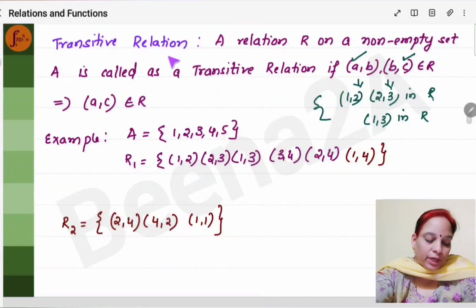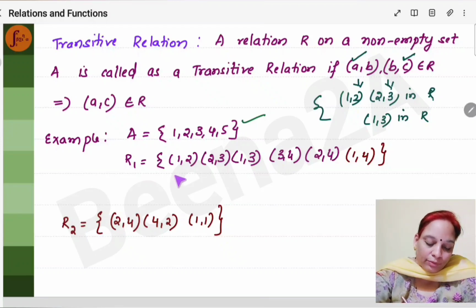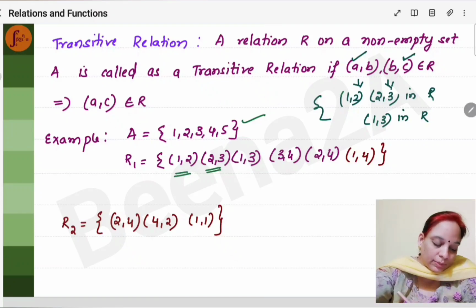Now let's go to transitive relation. What is a transitive relation? So you have the set A. See, it has 5 elements: 1, 2, 3, 4, 5. Now transitive states that if you have 1 comma 2 in the relation and you have 2 comma 3, then you should also have 1 comma 3. Now what does it mean? Notice this.